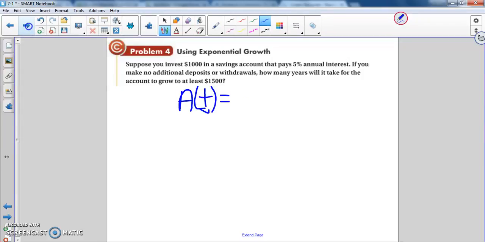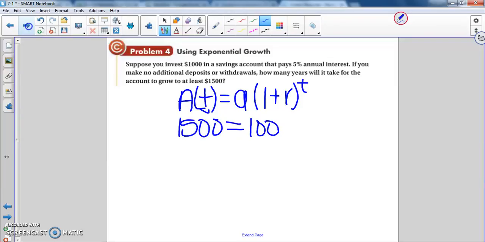A of t is equal to our initial amount times 1 plus our rate raised to the t power. So we want A of t to be equal to 1,500, where our initial amount was 1,000 times 1 plus, as a decimal, 0.05, raised to the t power.